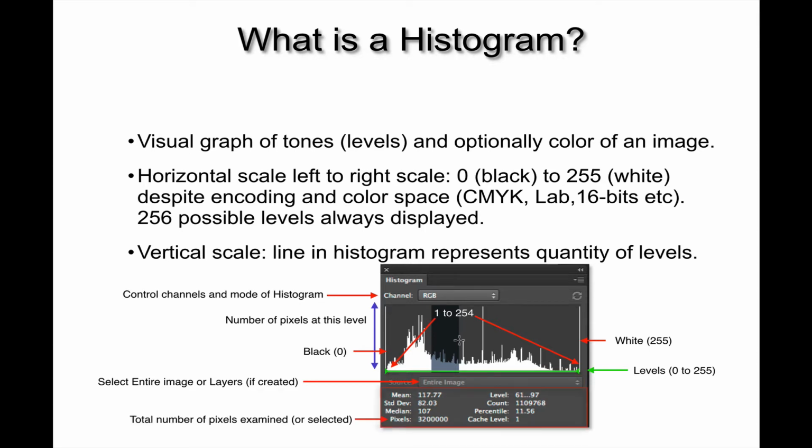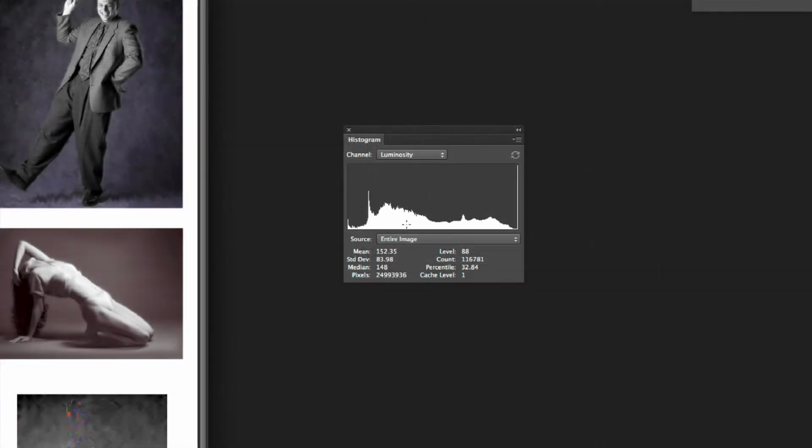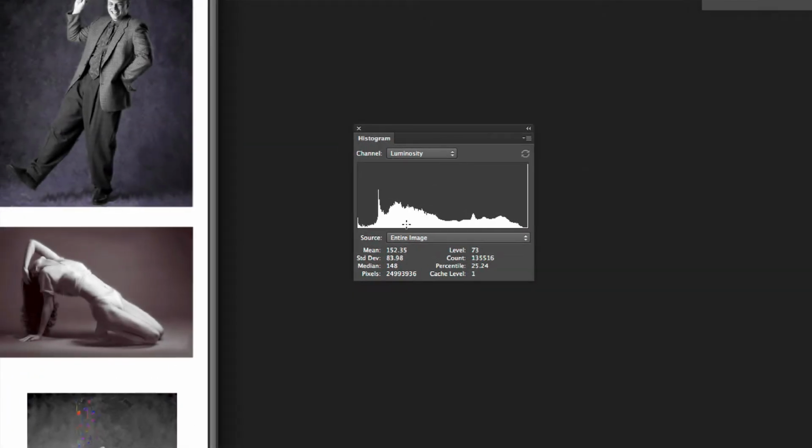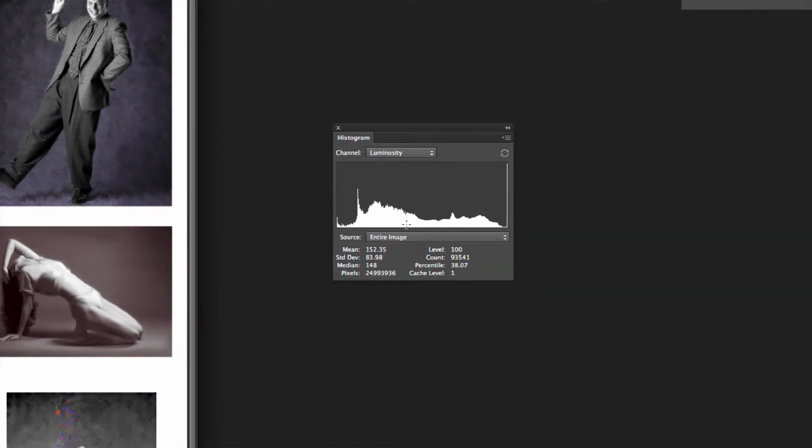Down below, what you're seeing is information about an individual level. You can see that there's a little crosshair I have over the image. And as you move that around the histogram, the information down below will update. You can see I have my histogram over a particular level, and it will give you an update down below.